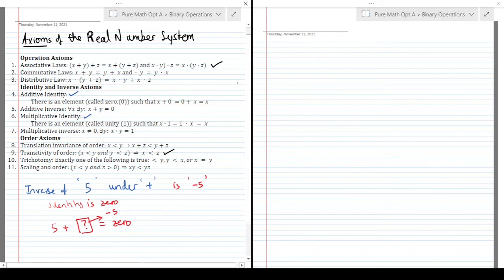So if x is less than y and y is less than z, then x is less than z. That is so blatantly obvious, and there's no way to prove it. That's why it is called an axiom. It is true, but so fundamental you can't actually prove it, or for sure disprove it. That's what you call transitivity. I'm moving on. Trichotomy: exactly one of the following is true.